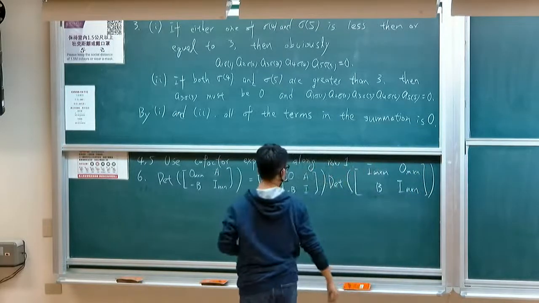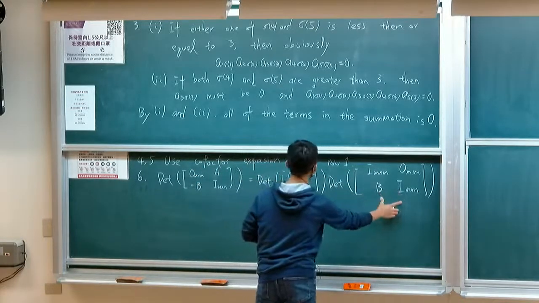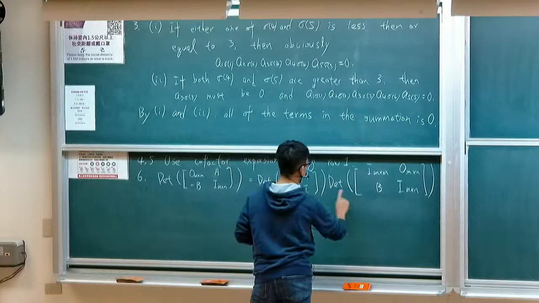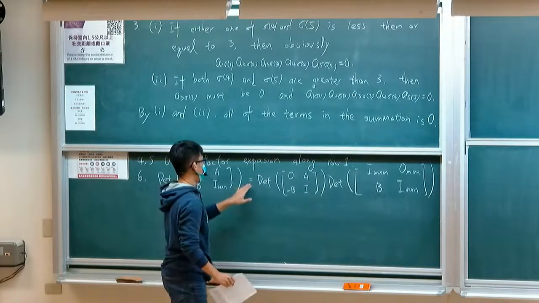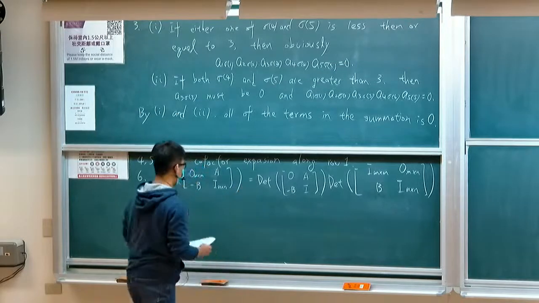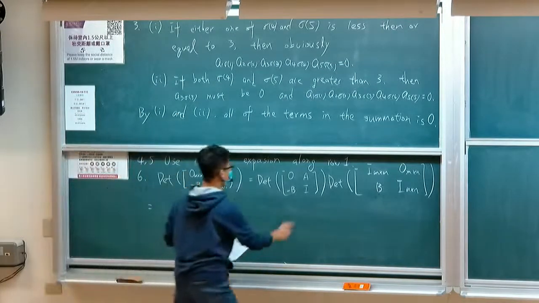And it's easy to see that the determinant of this matrix is 1, so we can multiply this term right after this term, and the equality still holds.